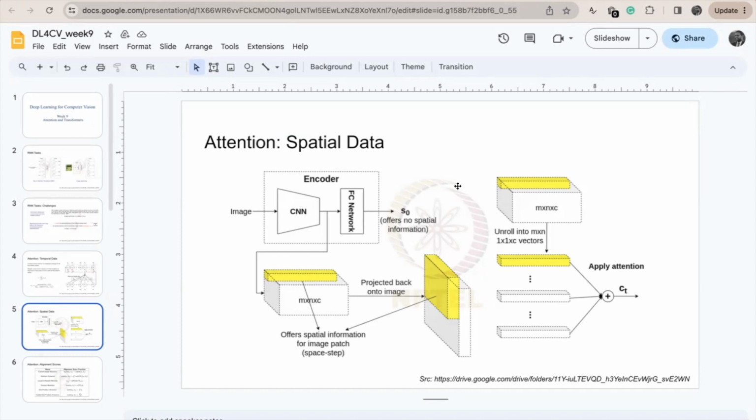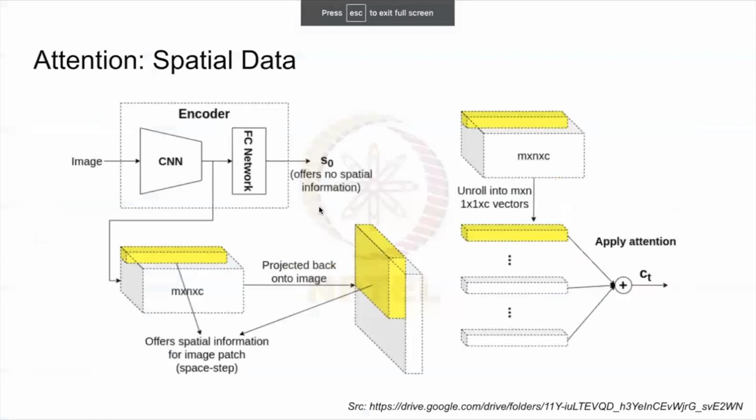In terms of images, the spatial data would be images where the spatial correlation matters. So let's say we're trying to come up with an objective which says that the spatial correlation matters.